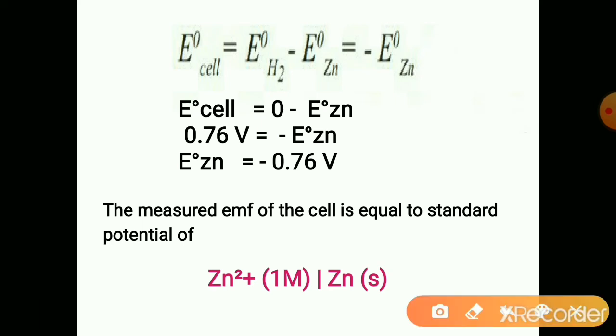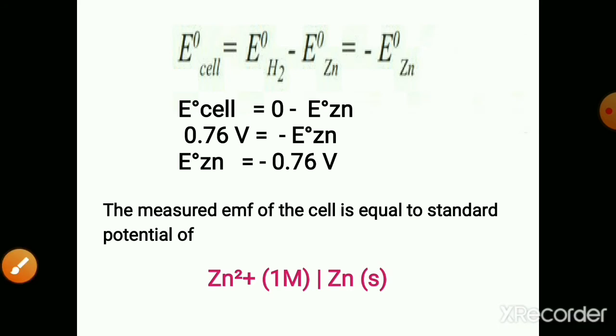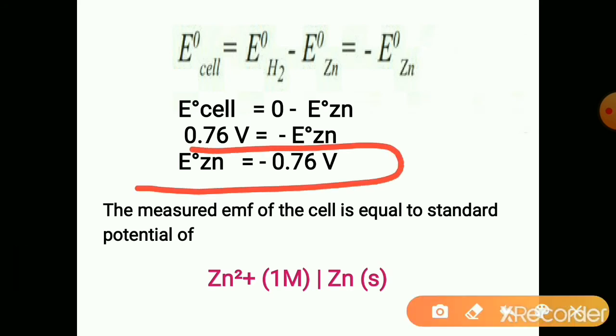So here E naught of cell, which is read on that voltmeter, is 0.76 volt. So this will be equal to minus E naught of zinc. So E naught of zinc will be minus 0.76 volt. This is the electrode potential of the zinc.